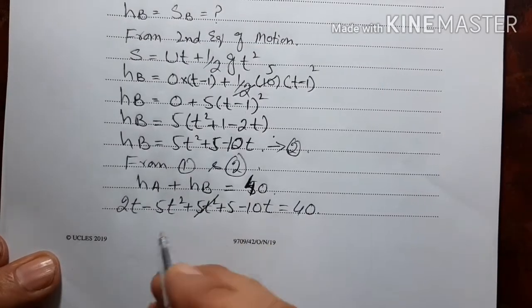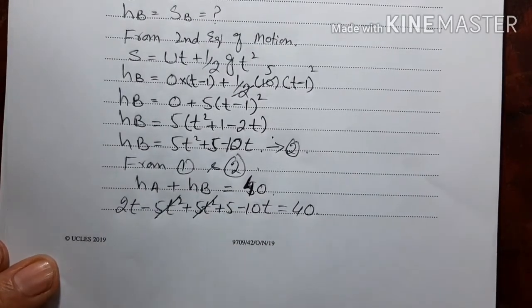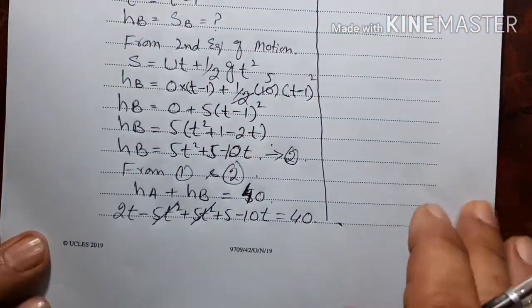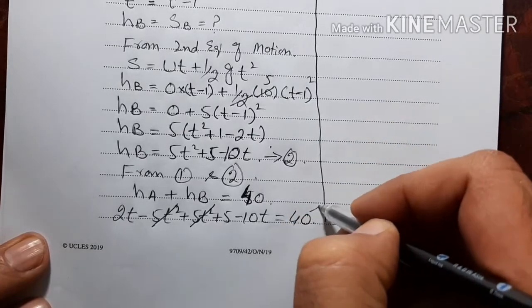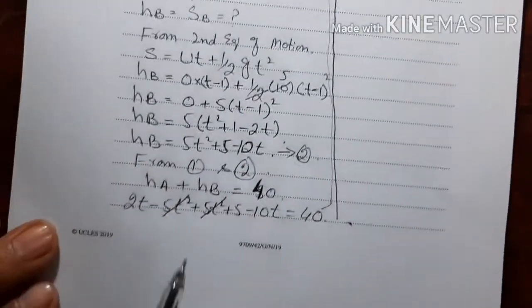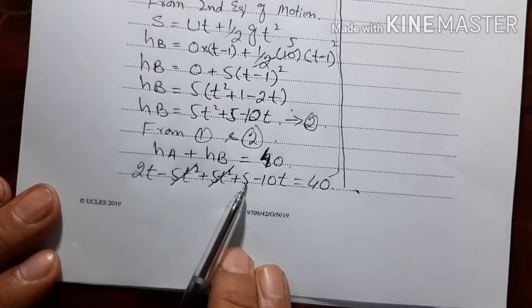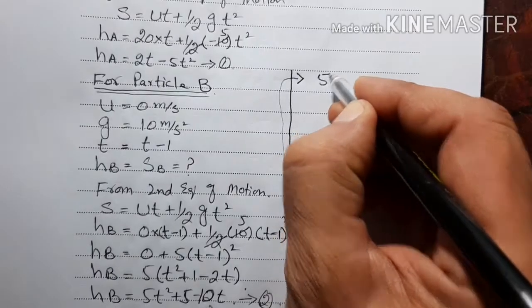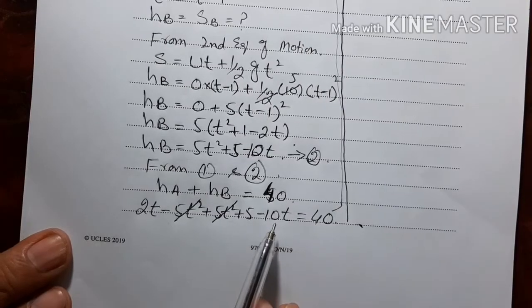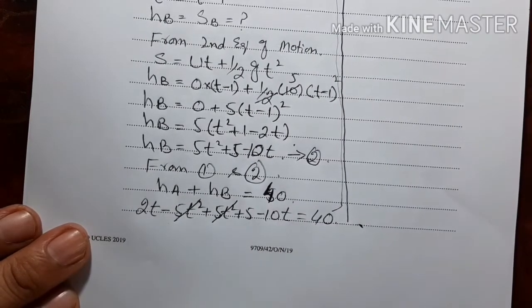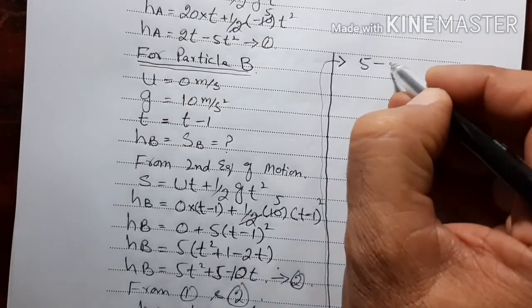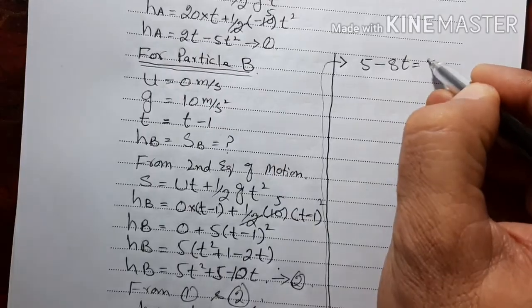Okay, now this t square will be cancelled with this one. Therefore, 5 minus 8t is equal to 40.